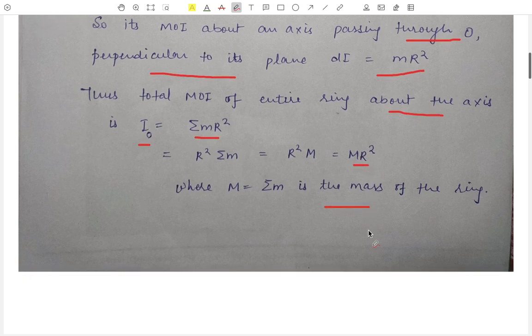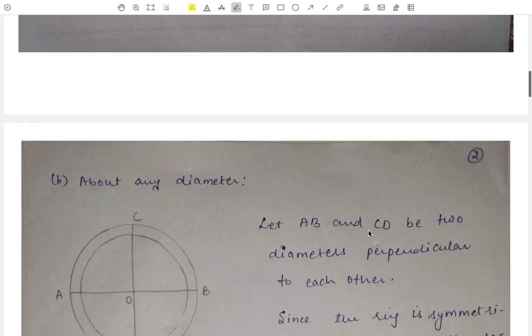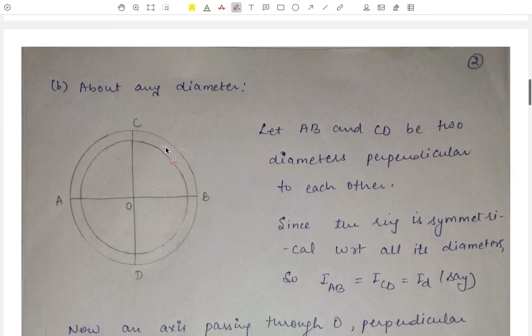Now, our next case is to find the moment of inertia of the same ring about any of its diameters. For that, we consider AB and CD to be two diameters which are mutually perpendicular to each other.